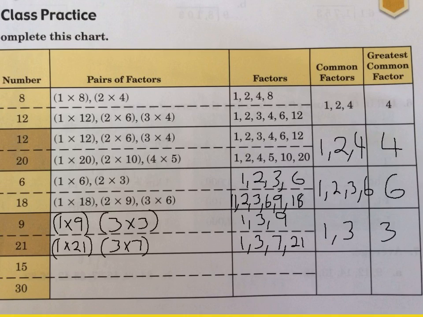Okay, for 15 we have 1 and 15. We also have 3 times 5. So we have 1, 3, 5, 15. 30, we have a lot of them.